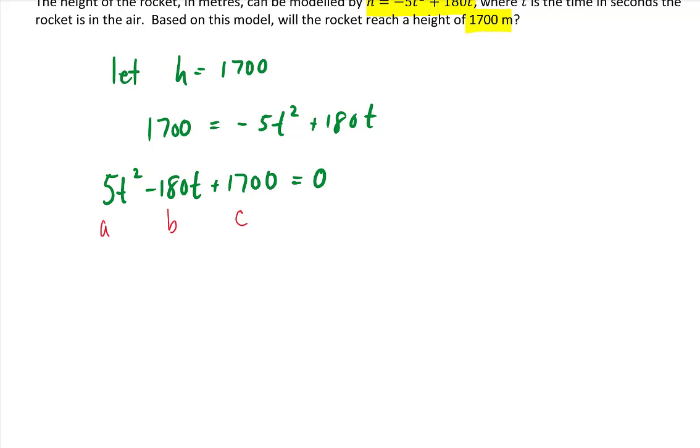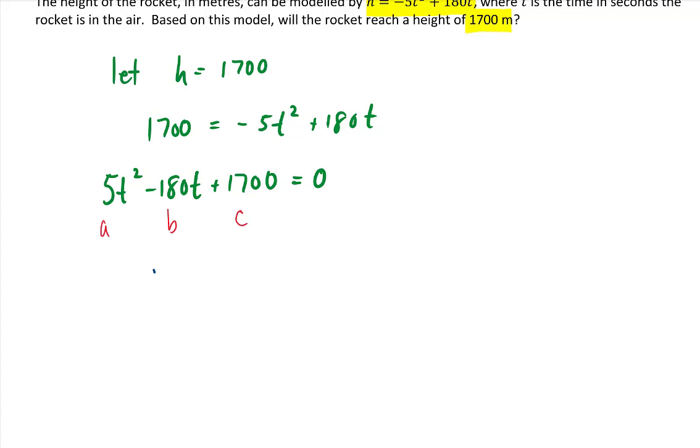So again, this is our a, this is our b, this is our c. We could try to solve using the quadratic formula, but this question is not asking at what time it reaches 1700, it's asking will it reach. We could find the vertex and see if it's above or below that, but the quickest way is just to look at the discriminant.